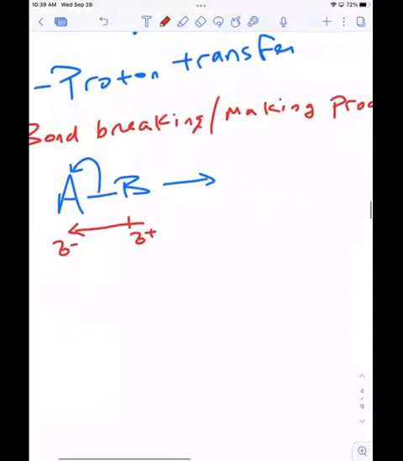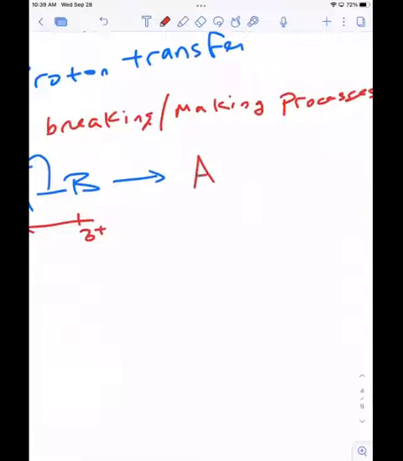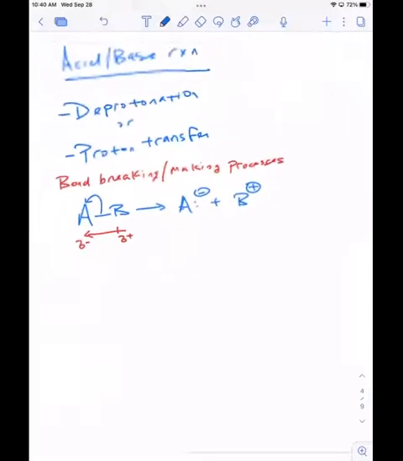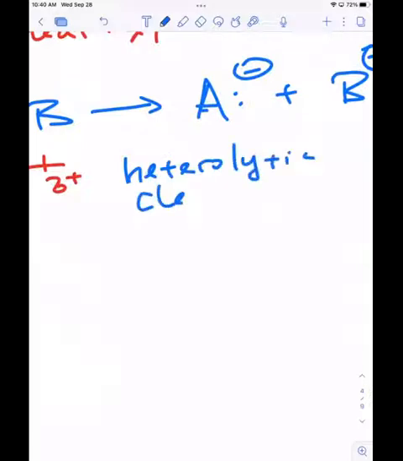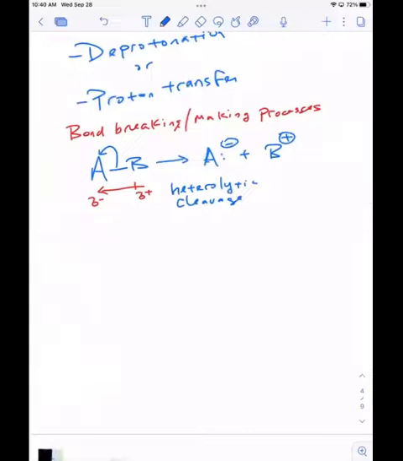So I'll end up with something like this, where this is A with a pair of electrons, and then B with a plus charge because you took electrons away from it. That is what we call heterolytic cleavage.